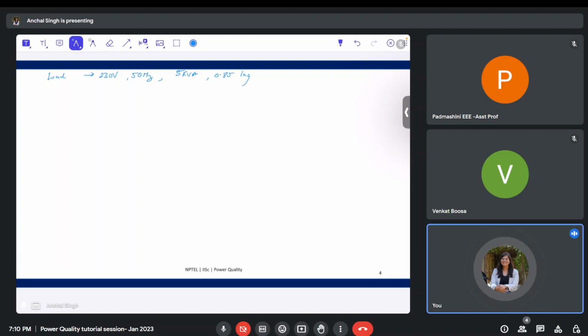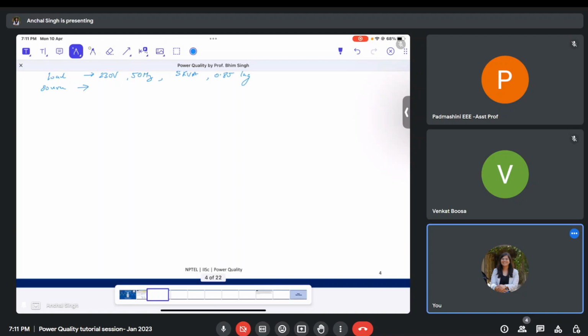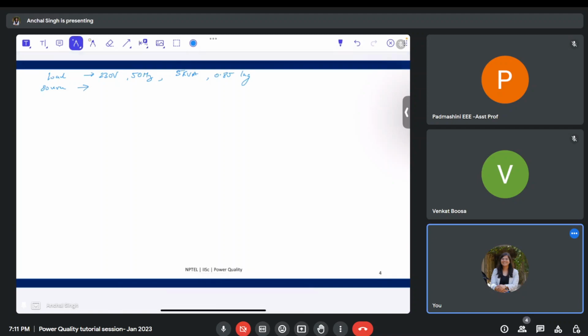Now we also know that the source is a square wave with amplitude plus minus 230 volt, right? This is our source voltage. This is plus 230. This is minus 230.